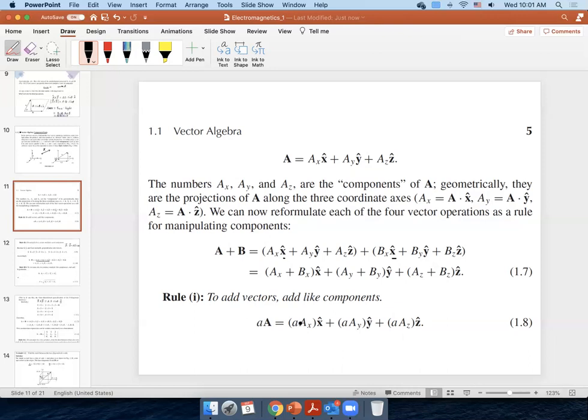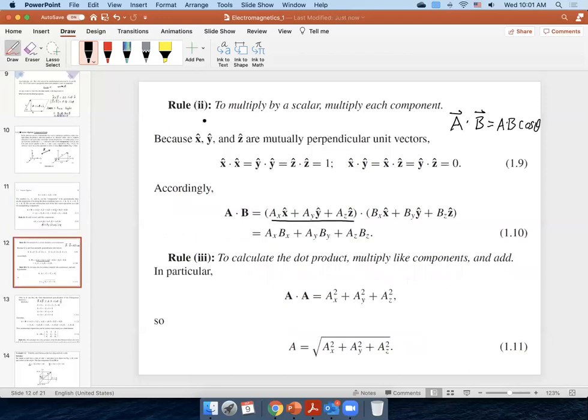You will have a times Ax x hat plus the y and z directions. This is due to the distributive feature. So that's rule number two: to multiply a vector by a scalar, you can multiply each component by the scalar due to the distributive rule.